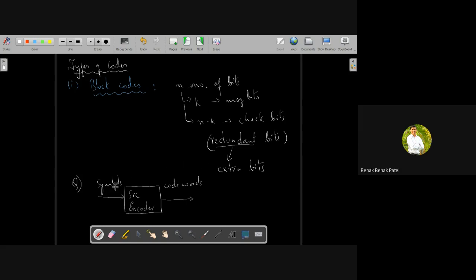And what was our aim? Our aim was to convert these symbols to code words that had very few bits. Any symbol associated with a high probability of occurrence, higher the probability of occurrence, lesser the number of bits assigned. This was our ultimate aim.